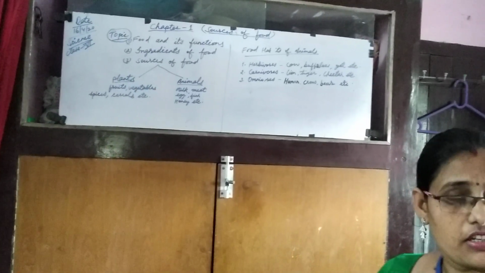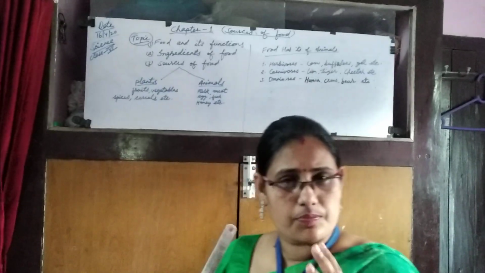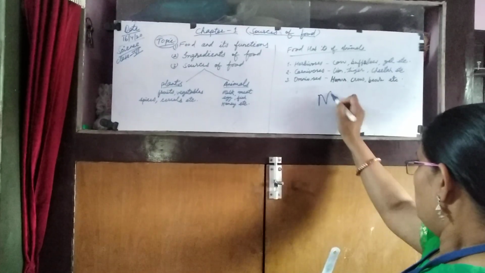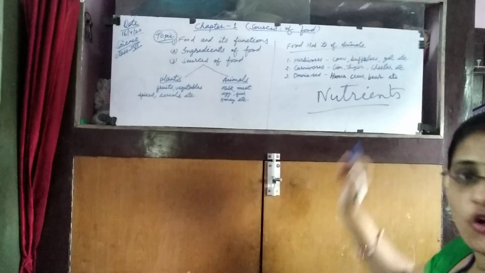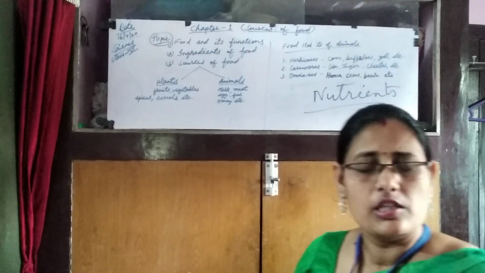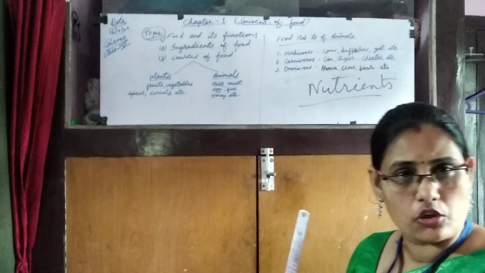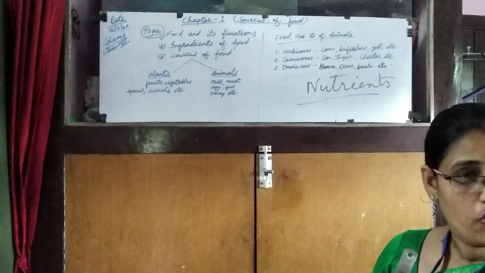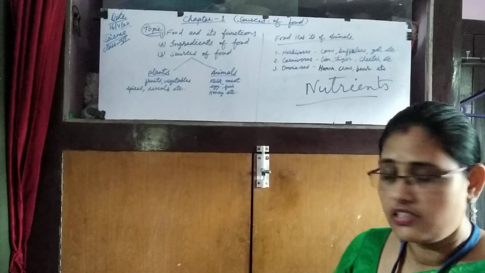Now, what are nutrients? Food contains some specific nutrients. Nutrients are very important chemical substances present in our food which help in the proper growth of the body, and these nutrients are those chemical substances of food which are required by our body for proper functioning.